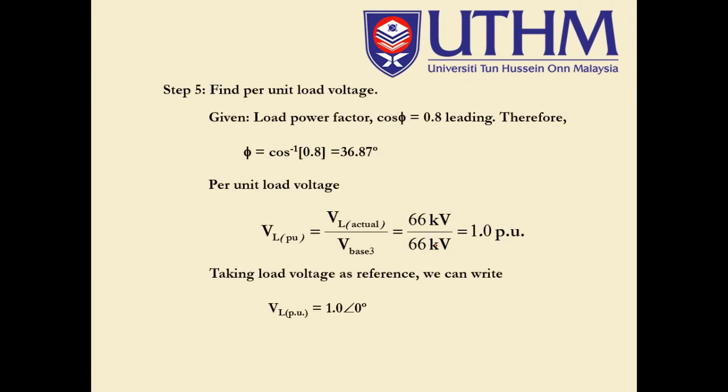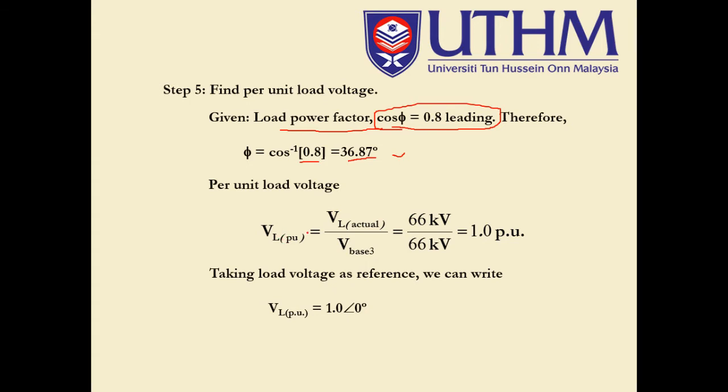Step number 5, find the per unit load voltage. The given load power factor, cos theta, is 0.8 leading. Therefore arc cos 0.8, in degrees, gives 36.87 degrees. How about the per unit load voltage?